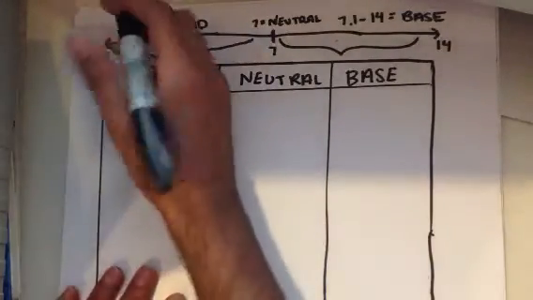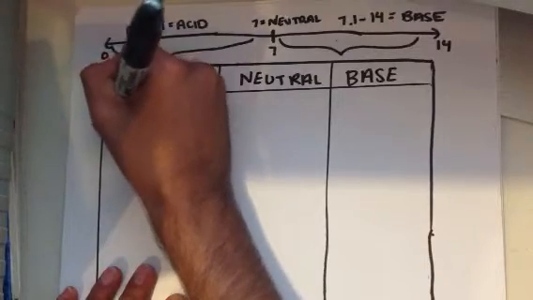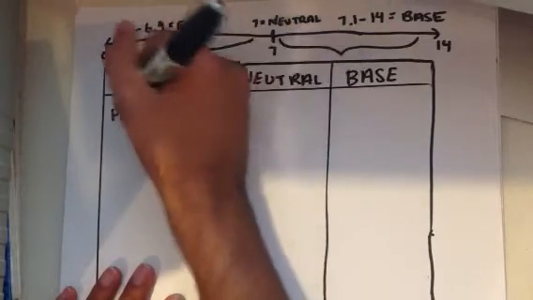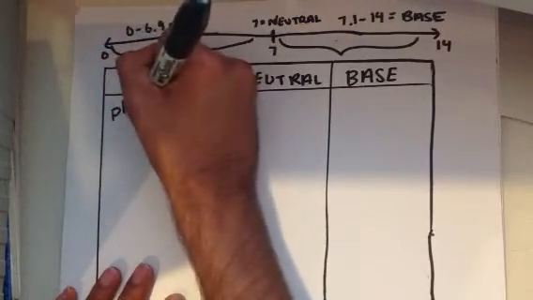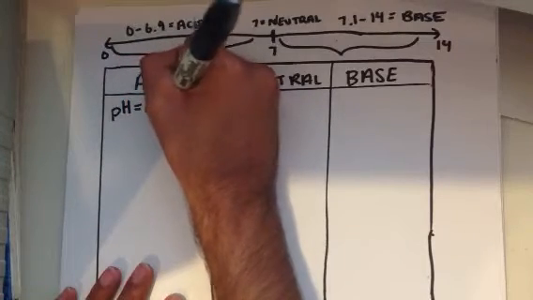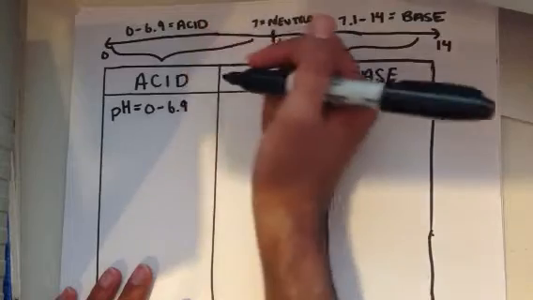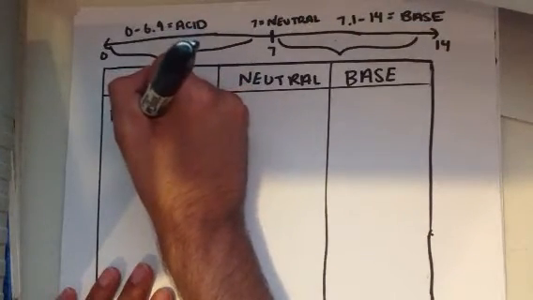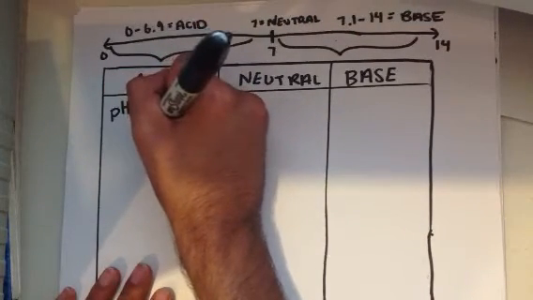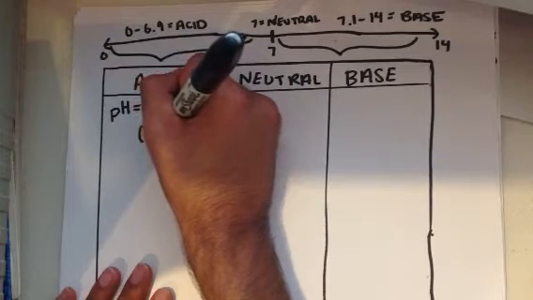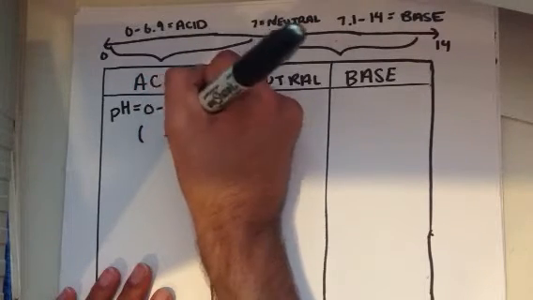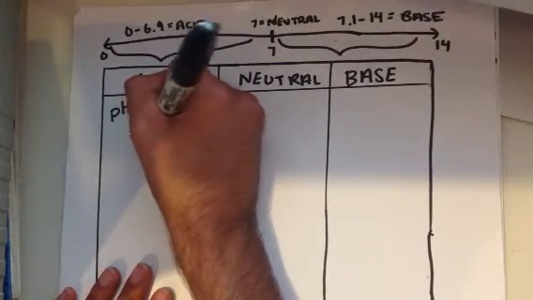And so, talking about the pH of each of these, the pH of an acid is between 0 and 6.9. Or actually, anything that's less than 7 is an acid.